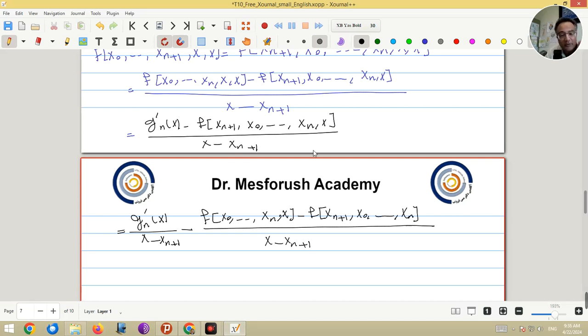Here x minus xn+1 appears, and the other one again appears, so it will be to the power of 2, or squared.